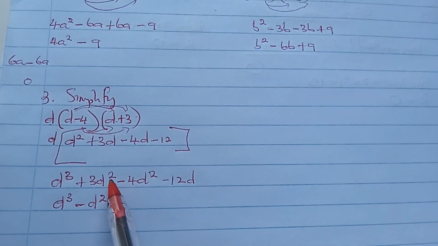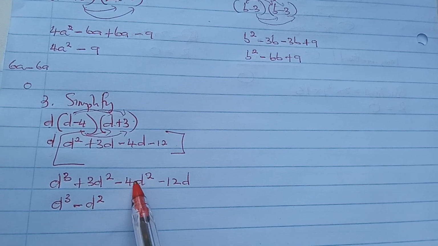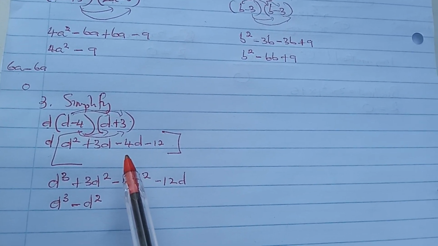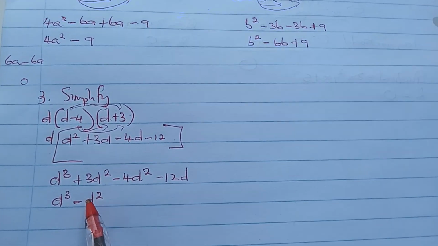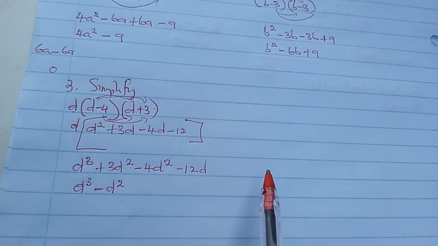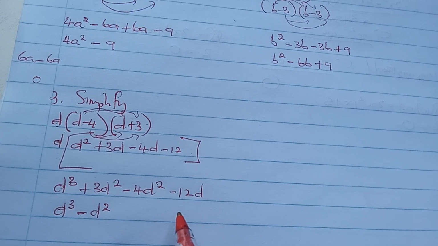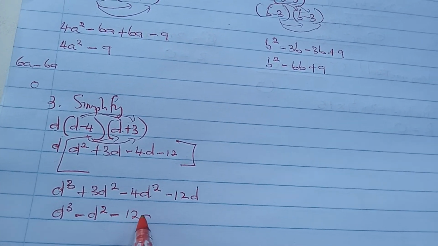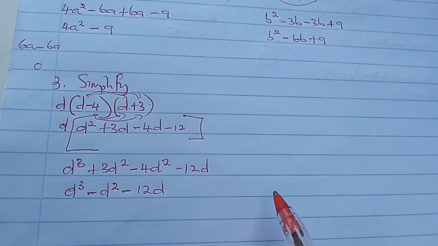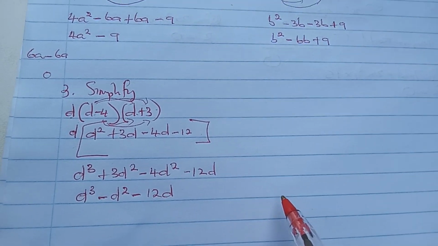Why? Because 3 minus 4 is -1. Okay, so in this case there's no need to write a 1 here. We just put d to the power of 2. We now bring the -12d down here. So this is the answer for example 3.